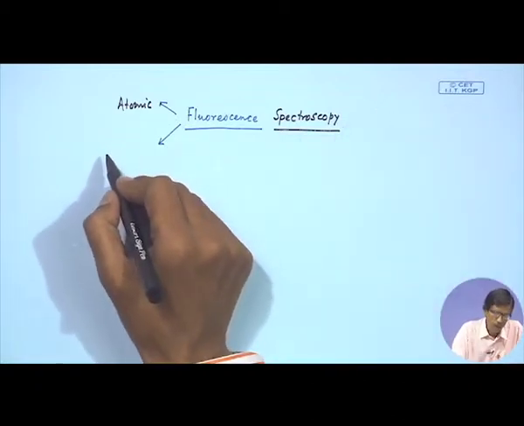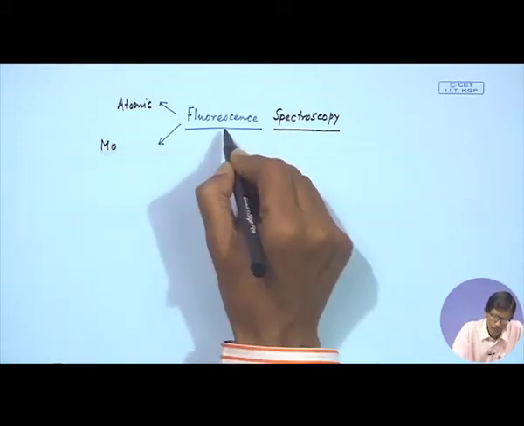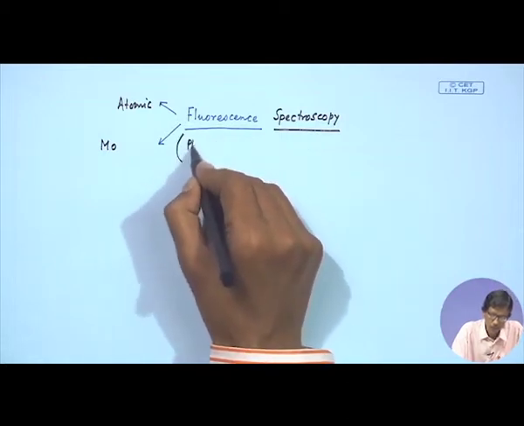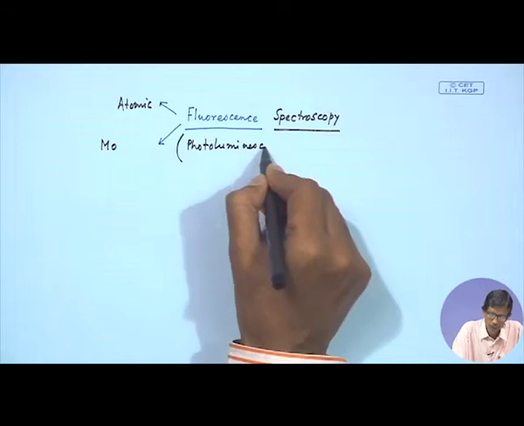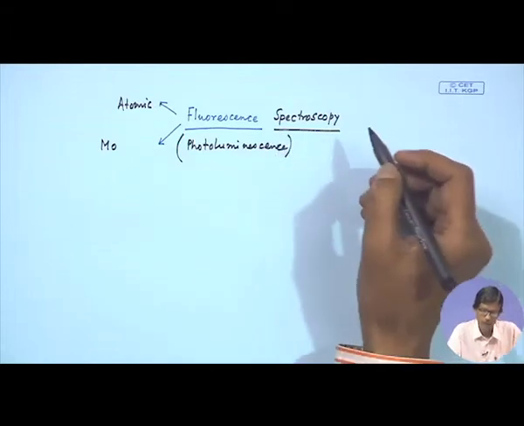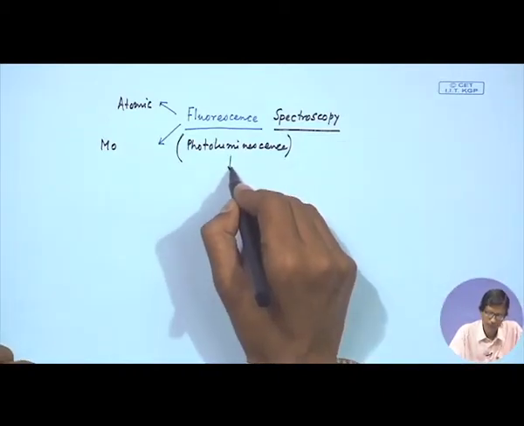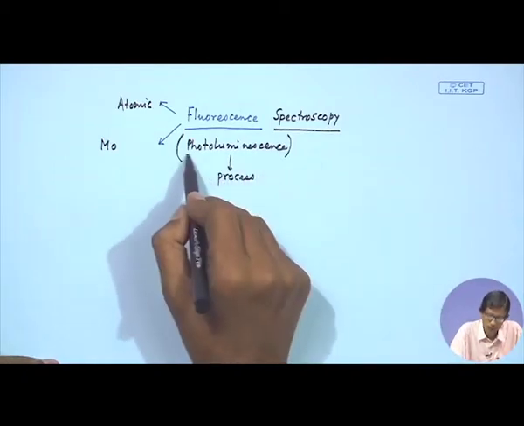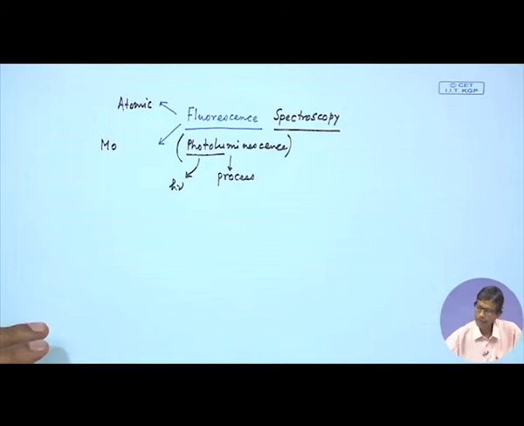But in a broader respect, if we have a molecule, can we apply this technique? The fluorescence technique is a part of the photoluminescence process, which means a photon will be absorbed, and we can excite the corresponding material, the molecule or the species.